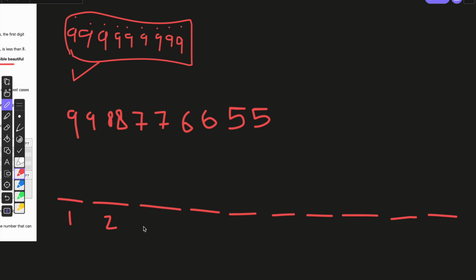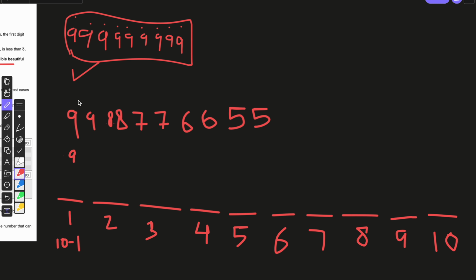At the first position we need a number greater than or equal to 9, since 10 minus 1 is 9.